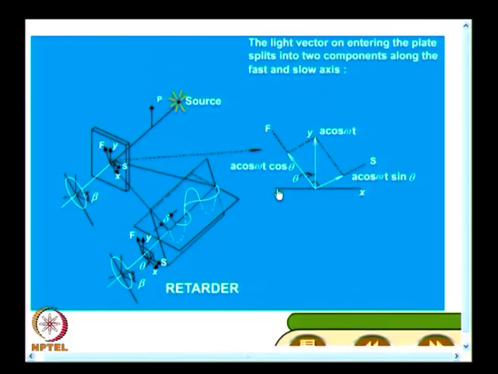So, what we are looking at now is what the retarder has done, its function. We have looked at impinging plane polarized light, that is a very specific situation. In a generic scenario, you are going to have the light vector represented with respect to the x and y axes, and the model as such has reference axes slow and fast, which is oriented in general at an angle theta.